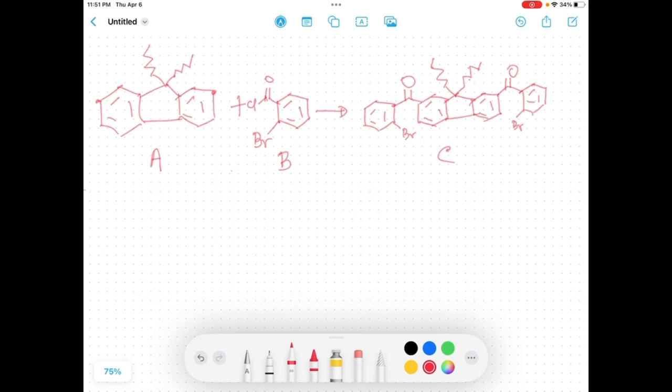Here we can also use aluminum chloride for the Friedel-Crafts acylation, and the solvent is carbon disulfide, CS2. This aluminum chloride is a catalyst, so any reagent that acts as a catalyst, or sodium hydroxide, or acid or base, cannot be part of the limiting reagent. So you have to find out the limiting reagent between A and B.